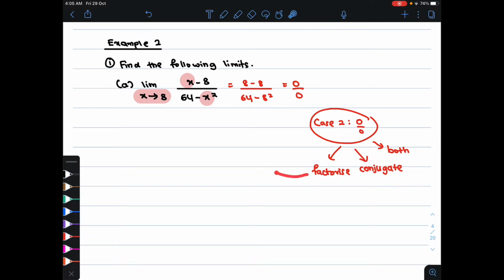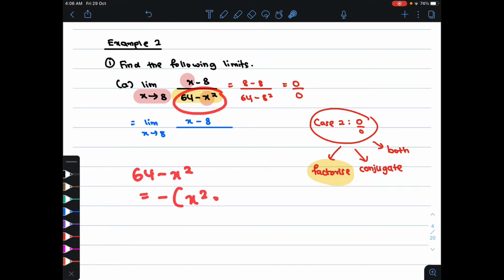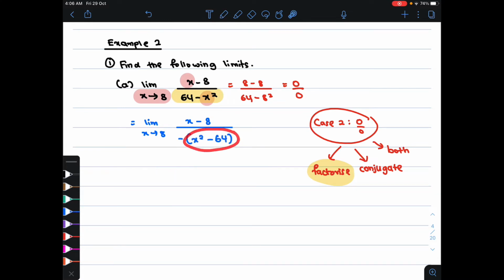So we need to factorize 64 minus x squared. All the others remain the same. Here we have 64 minus x squared, so take out negative first. Now you can factorize x squared minus 64 as per usual.